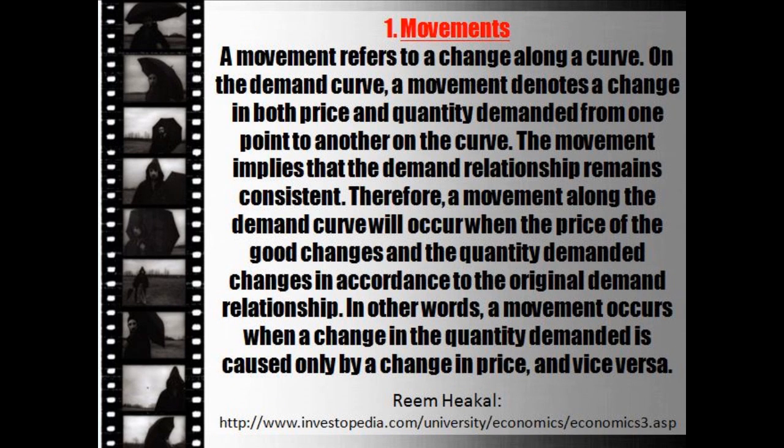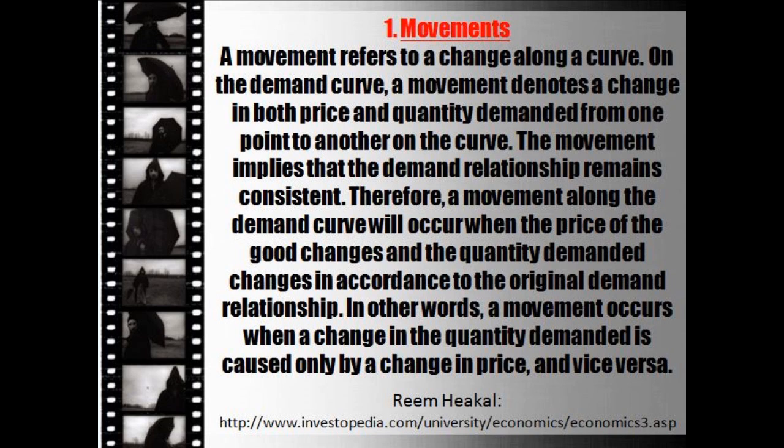A movement refers to a change along a curve. On the demand curve, a movement denotes a change in both price and quantity demanded from one point to another on the curve. The movement implies that the demand relationship remains consistent.